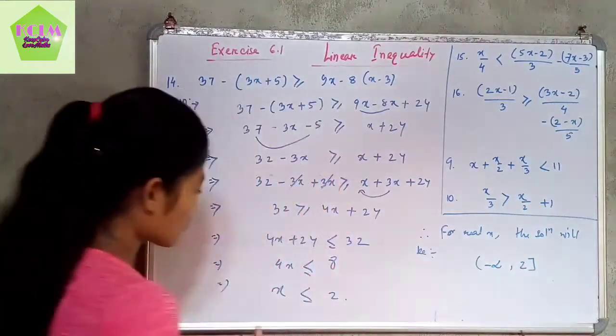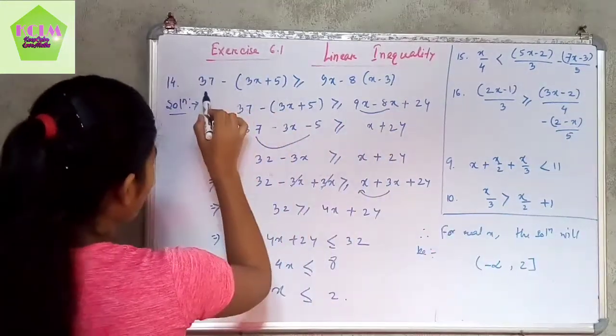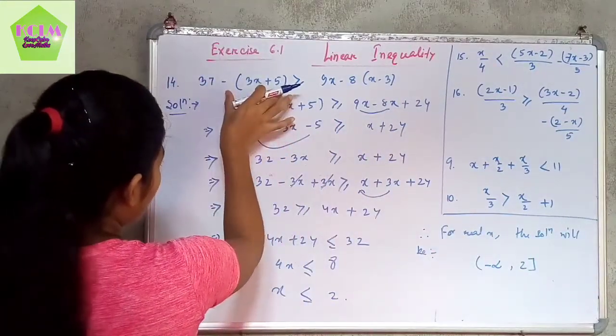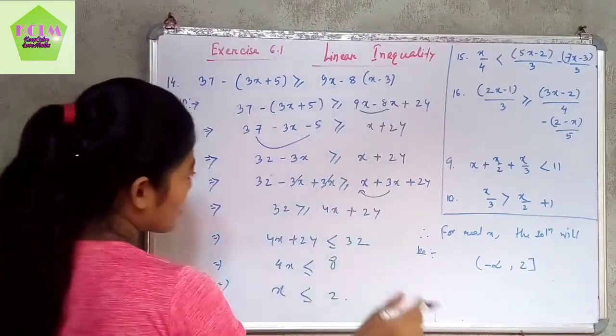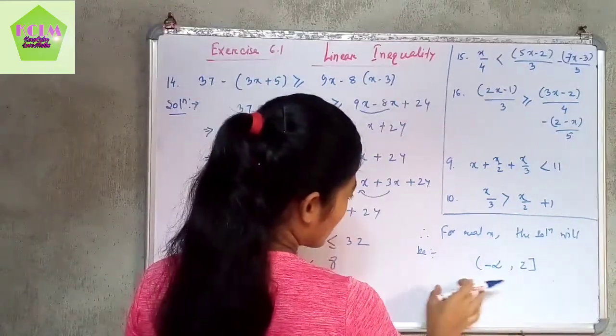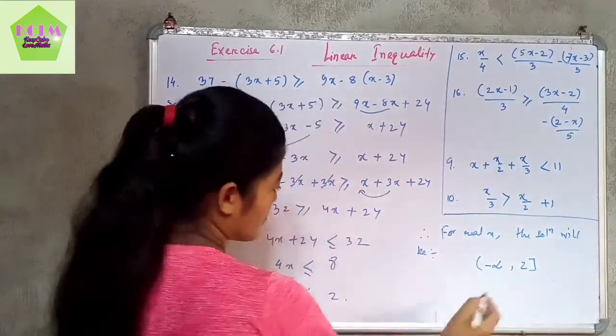So for real x, the solution of this inequality 37 minus (3x plus 5) greater than or equal to 9x minus 8 into (x minus 3) will be minus infinity comma 2 closed interval.